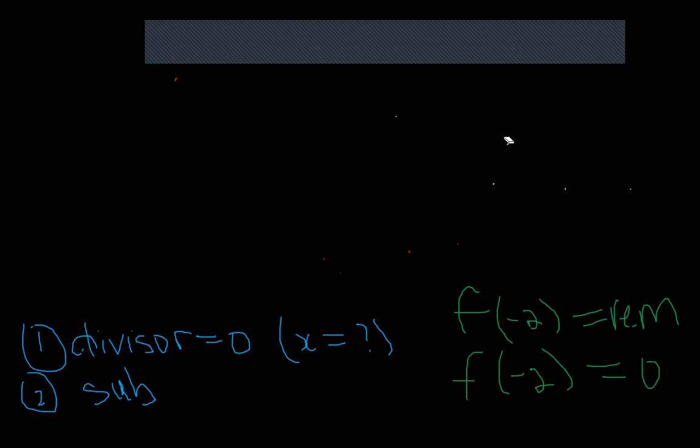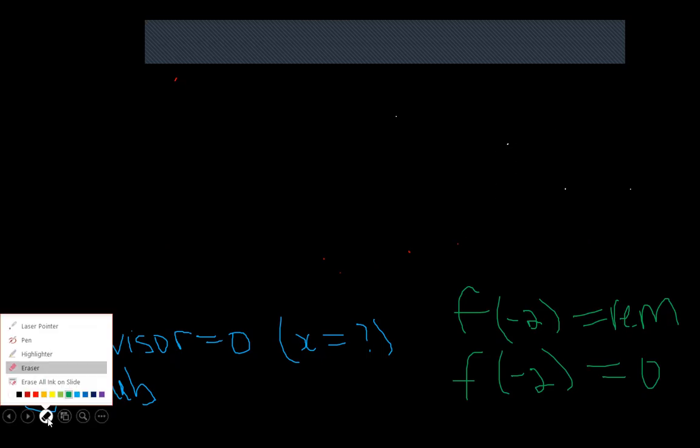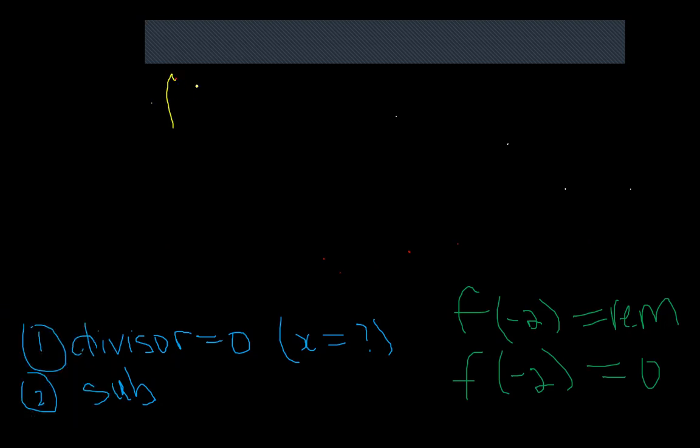Knowing that f of minus 2 is going to give me 0, I can find my value of a. But how exactly do I do that? Remember, when doing this, you substitute that value of x that you got into your polynomial expression. So wherever you see x, you're going to replace it with minus 2.